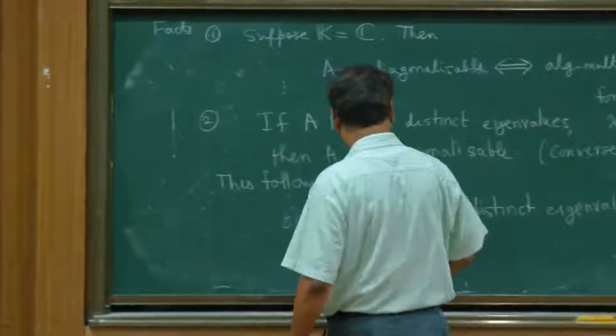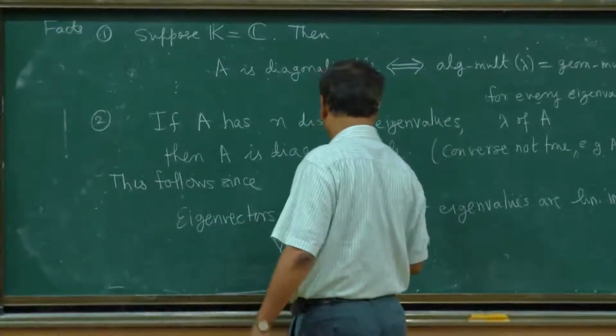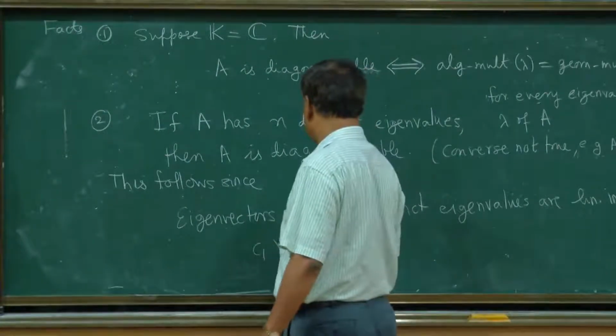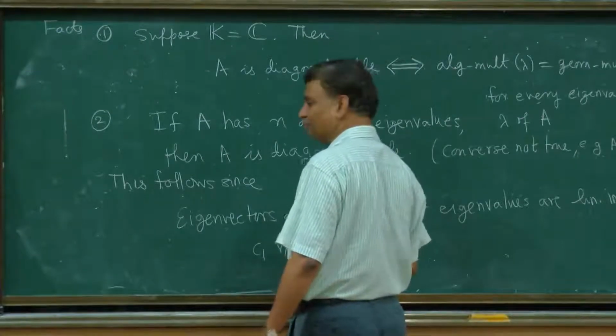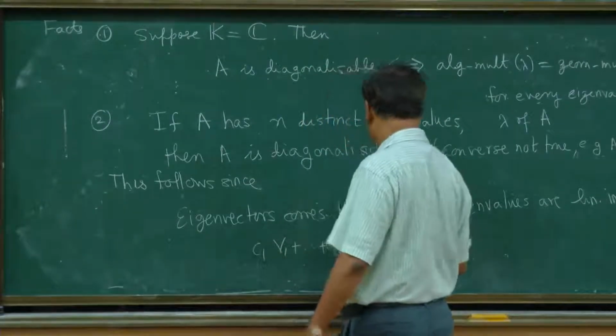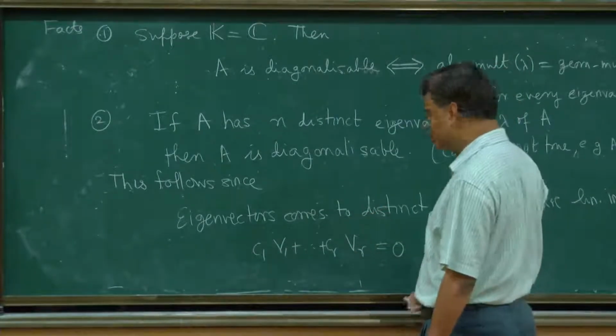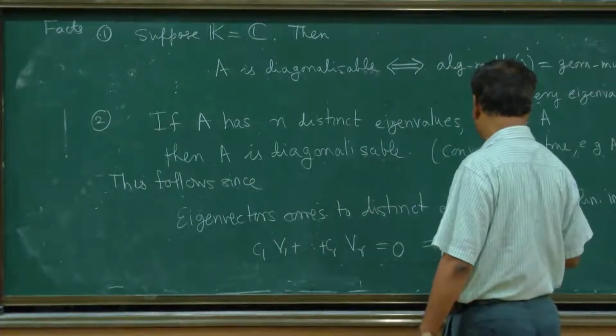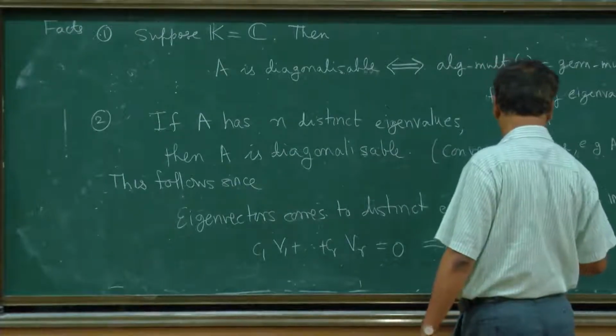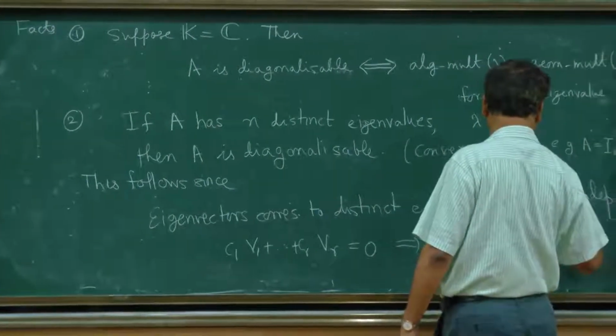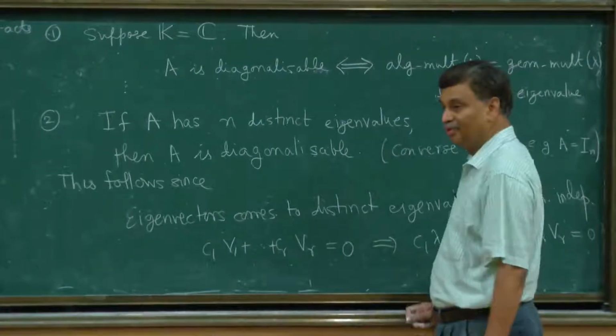Suppose you have V1, V2, ..., Vr, and suppose they satisfy some relation, say C1 V1 plus ... plus Cr Vr equal to 0. On the one hand, I can apply the matrix A to this, and I will get C1 lambda 1 V1 plus C2 lambda 2 V2 plus ... plus Cr lambda r Vr is 0. That is one relation.